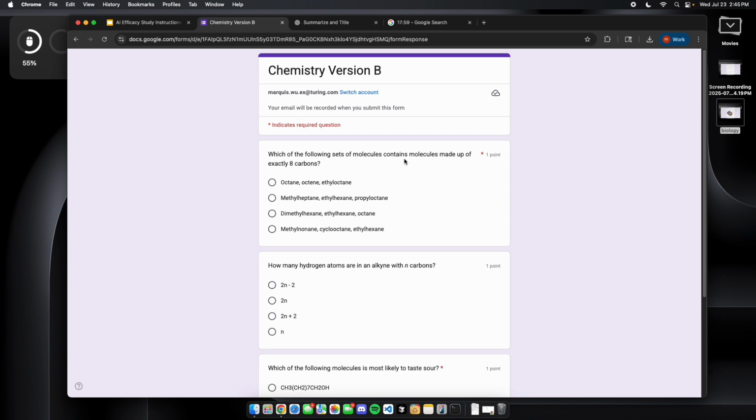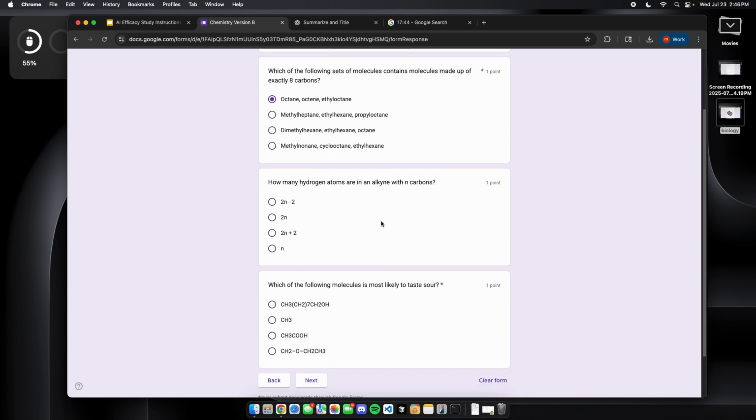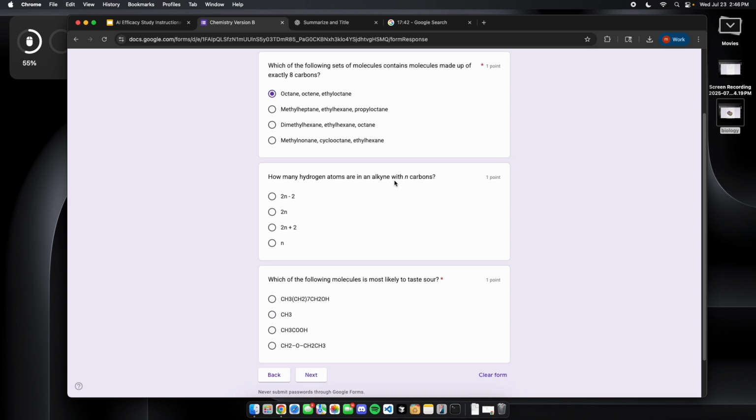Which of the following sets of molecules contain molecules made up of exactly 8 carbons? Well, octene sounds like they have 8 carbons. How many hydrogen atoms are in an alkene with n carbons?